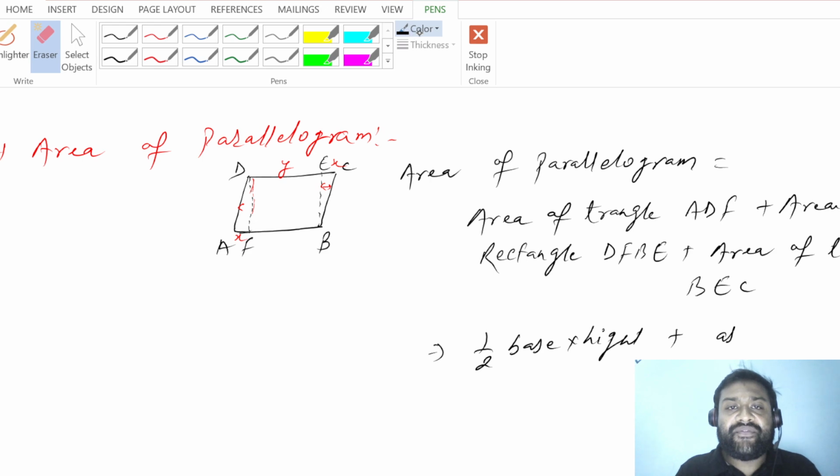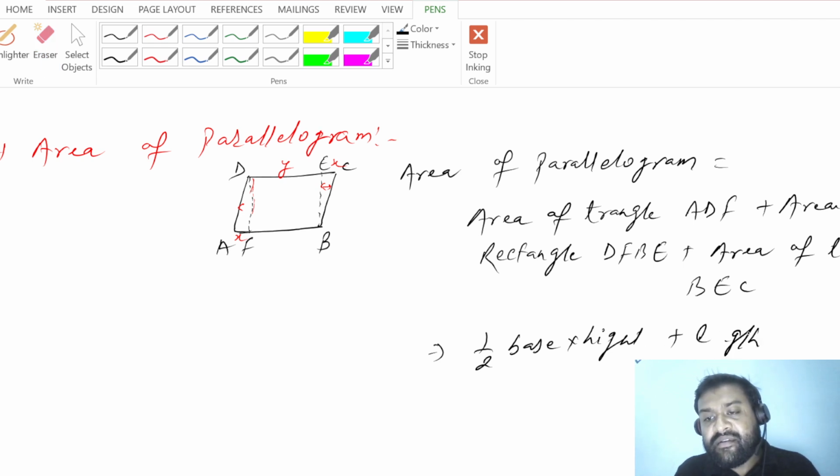Area of rectangle will be length into breadth, plus again area of triangle half base into height.